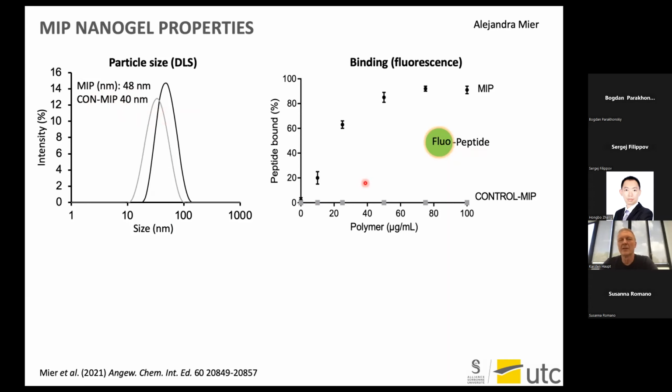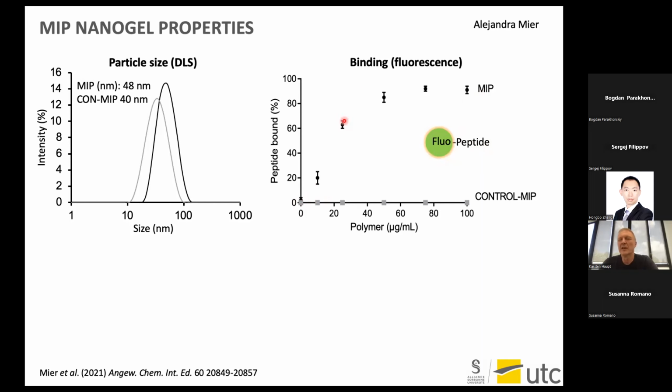And then the second verification is that the particles can bind the template peptide. This is the first sign of success. If molecular imprinting has worked, this is if the polymer binds the template peptide. So we just click a fluorophore, for example, fluorescein or rhodamine or some kind of fluorescent dye to our peptide, again with click chemistry, and we do a similar binding assay as I have shown before for the propranolol.